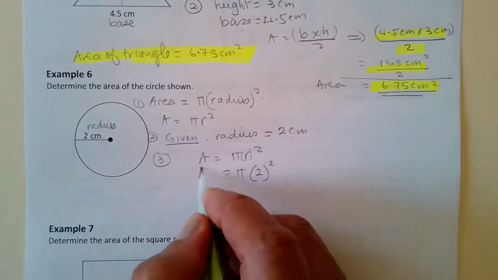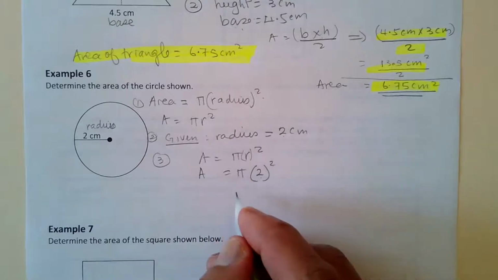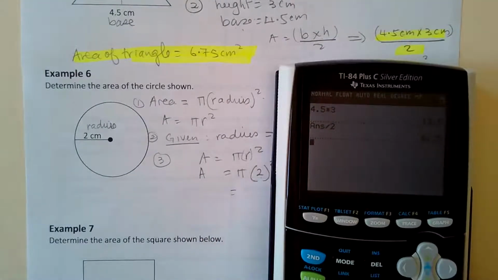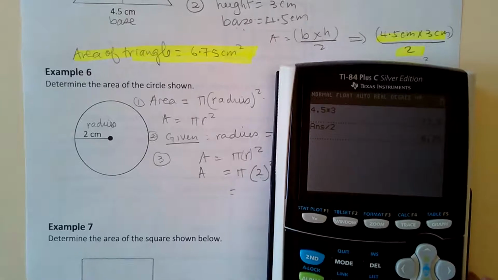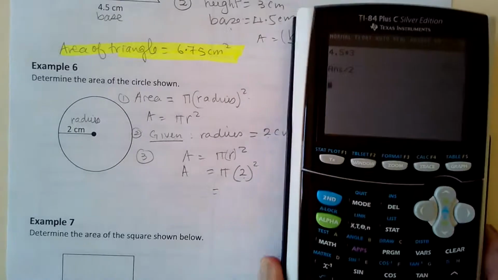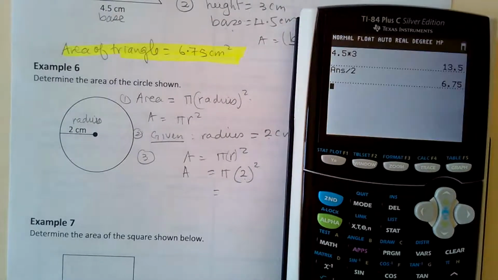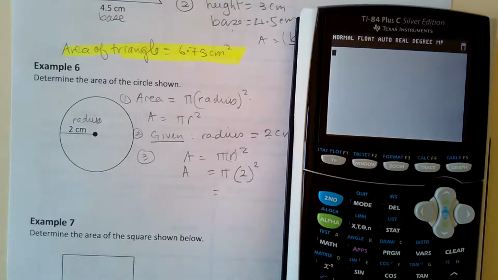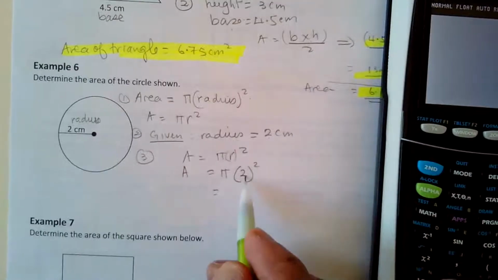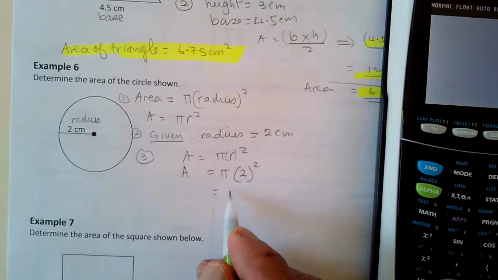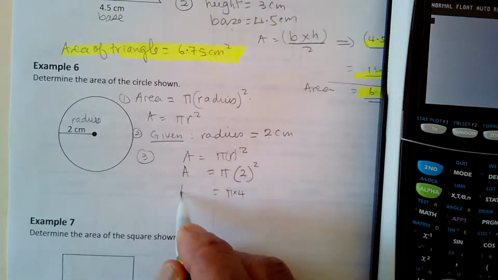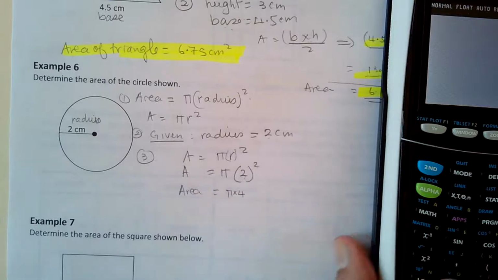So area, got my calculator here. What will we get here? Now, I can work this out: 2 to the power 2 would be 4. We can say pi multiplied by 4.